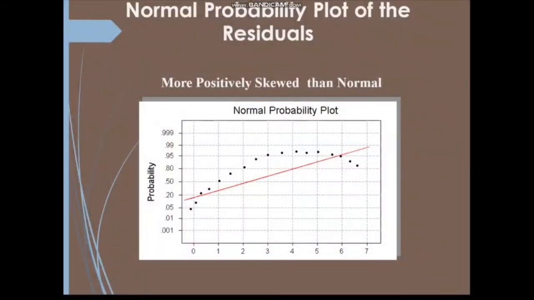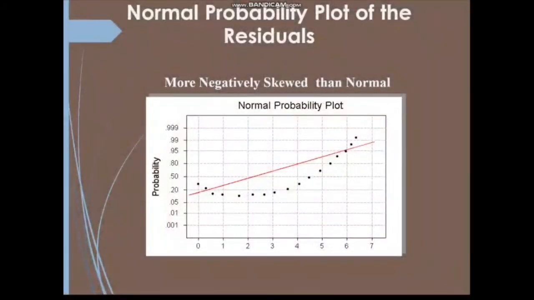And then this is the graph for the probability that is more positively skewed than normal. And then this is the graph for the probability that is more negatively skewed than normal.